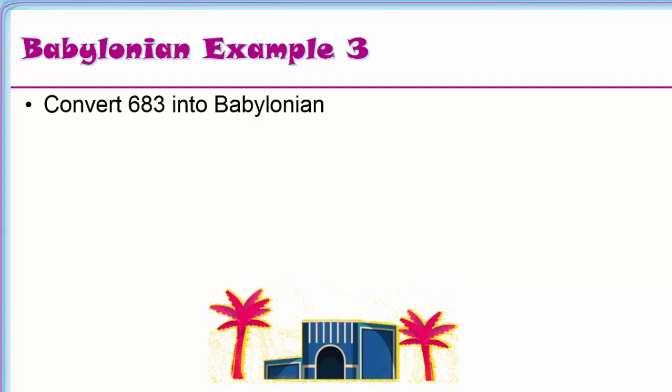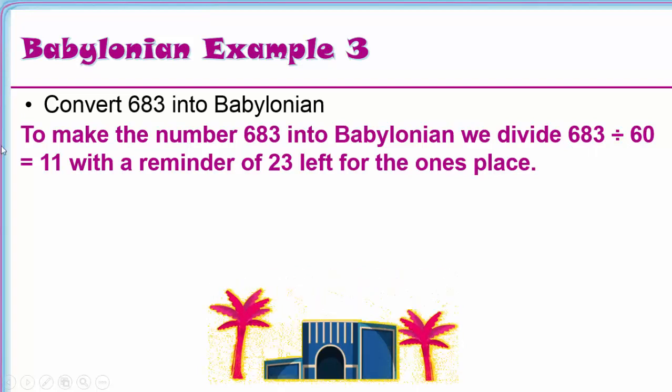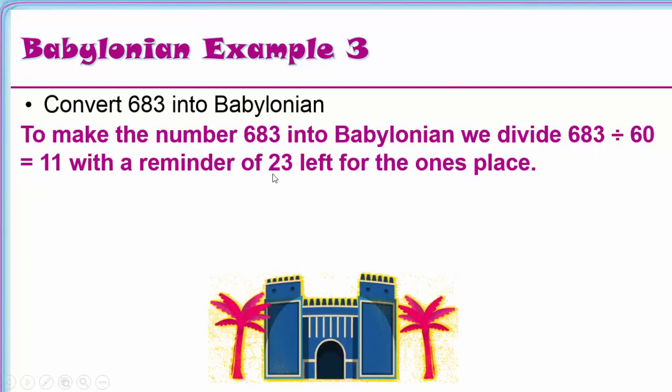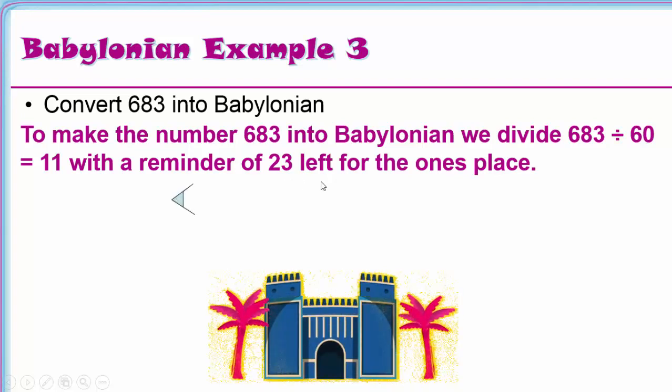Reviewing what I just did on the whiteboard, to make the number 683 into Babylonian, we divide 683 by 60 and we get 11 with a remainder of 23. And 23 will be put in our ones place and 11 in our 60s.